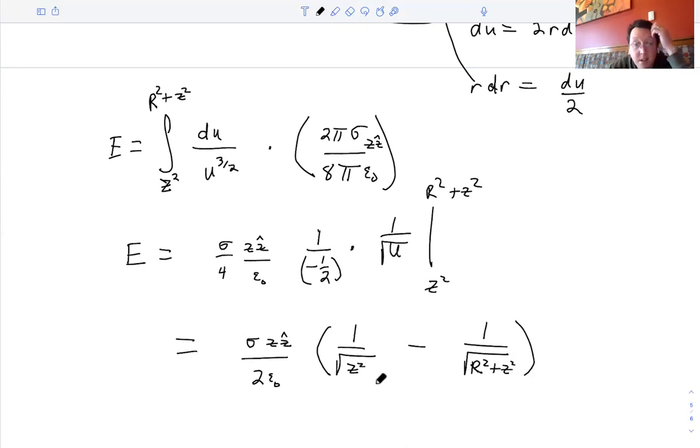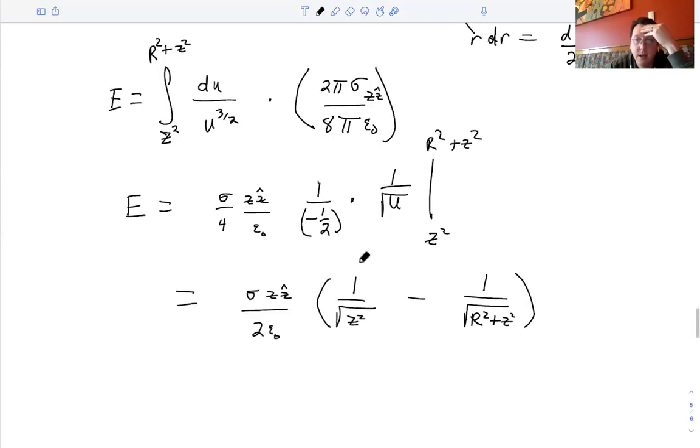Now you might say, what are you doing? Why don't you just call that z? It's not quite z, because when you square something, you get rid of the minus sign information. And so actually, this is the absolute value of z in the denominator here.